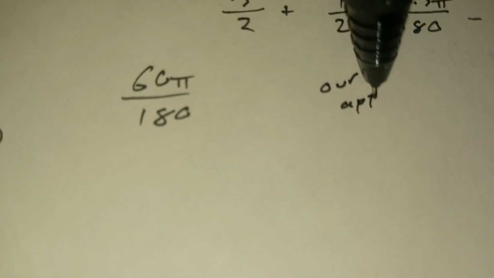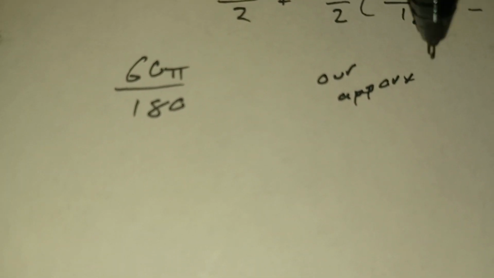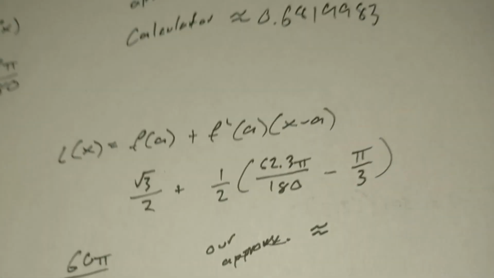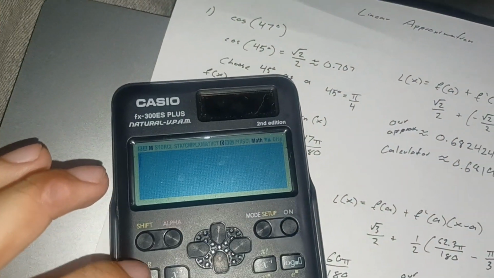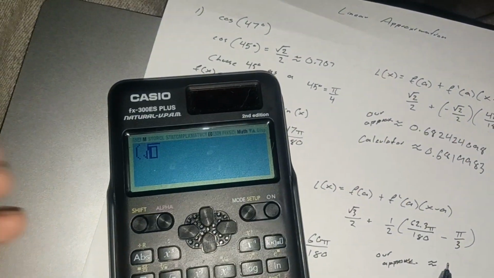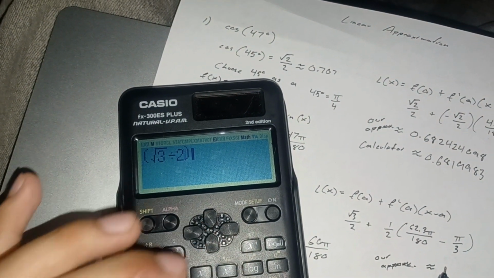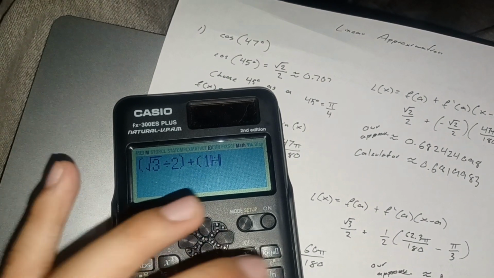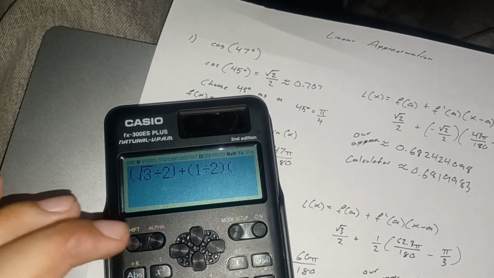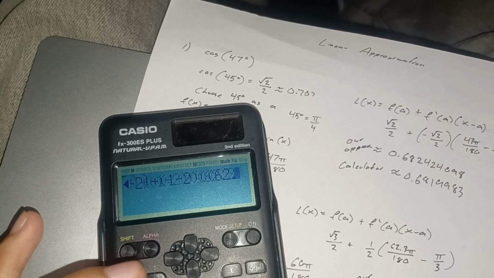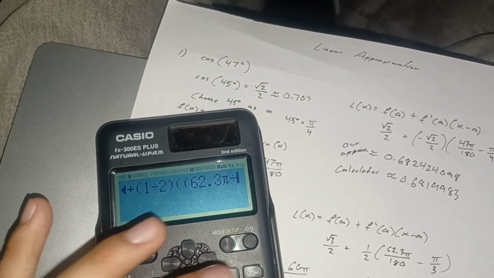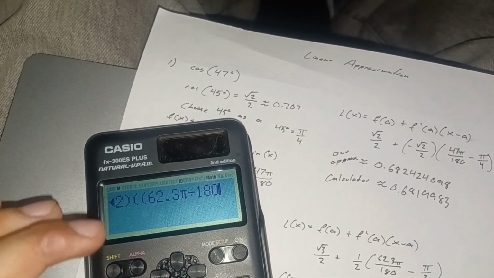So let's go ahead and use our calculator to approximate our linearization. This time I am going to try and show you. Root 3 divided by 2 plus 1/2 multiplied by the 62.3 pi over 180, that's 180, right?